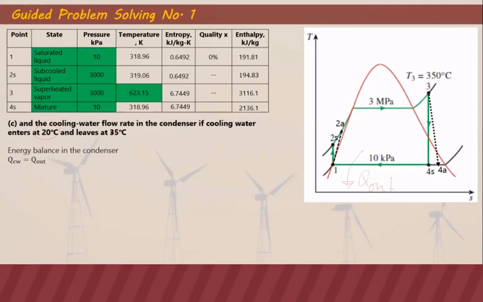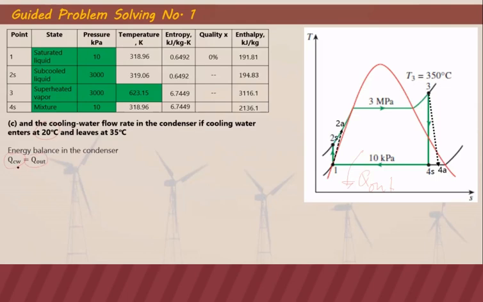So as a result of that heat exchange, our steam, so our working fluid in the cycle, decreases its temperature, but the cooling water increases. So since we only have two heat interactions here, then we can create an energy balance in the condenser as the heat absorbed by the cooling water is equal to the heat rejected by the condenser.